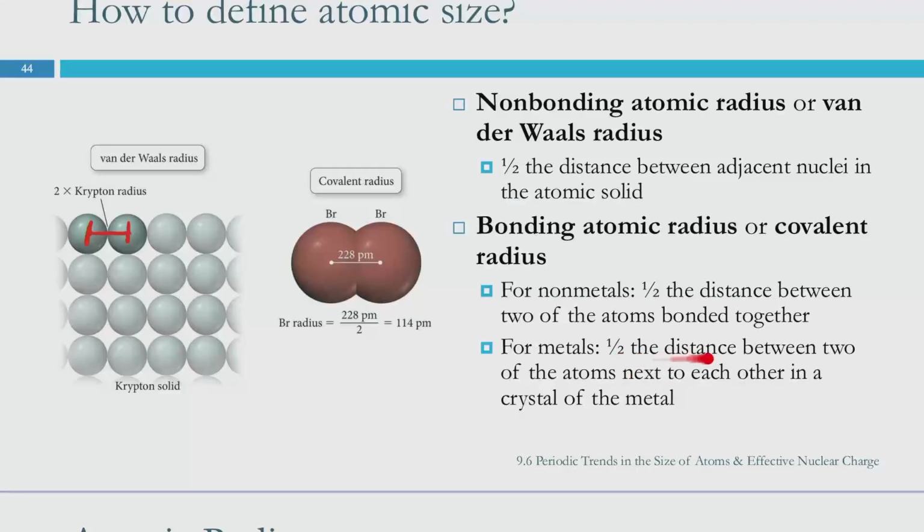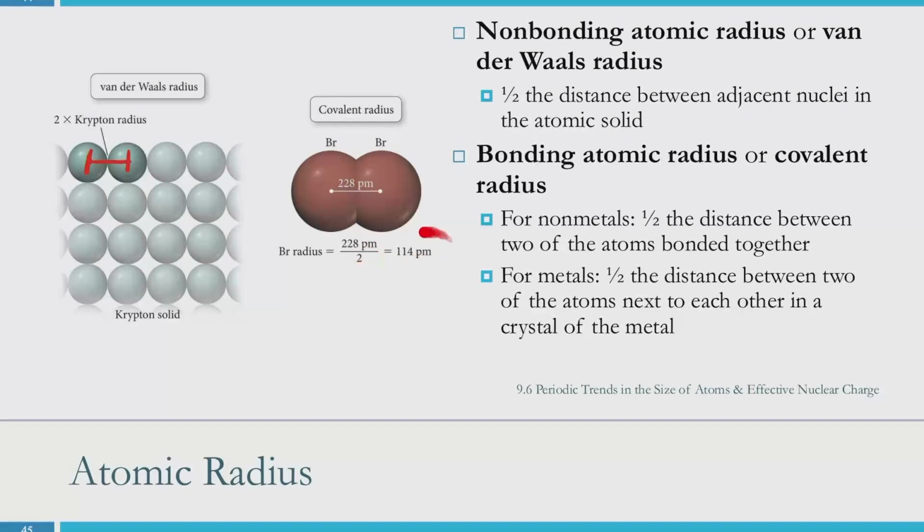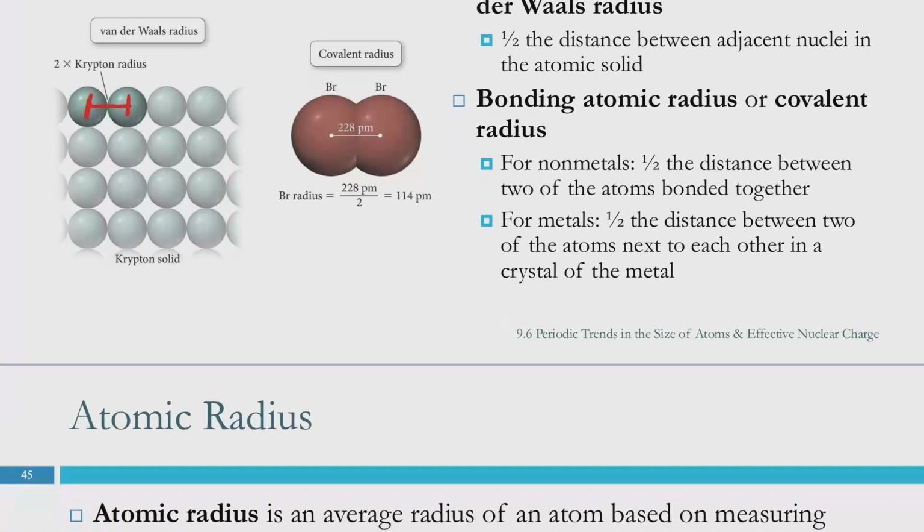For metals, it's going to be half the distance between 2 of the atoms next to each other in a crystal of the metal. Because these are bonding together, we've got overlap of the electron clouds. That's what the circle shape is. We take the distance between the nuclei, we divide it by 2, and that gives us our radius.